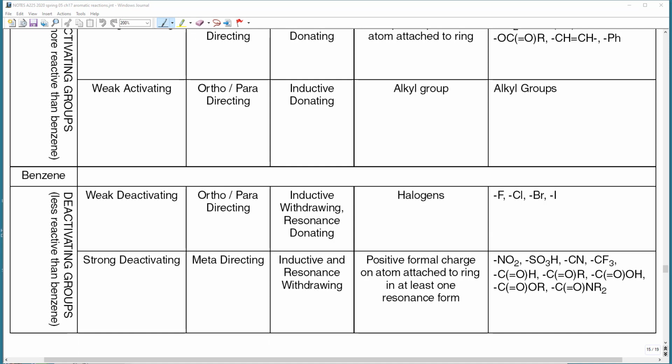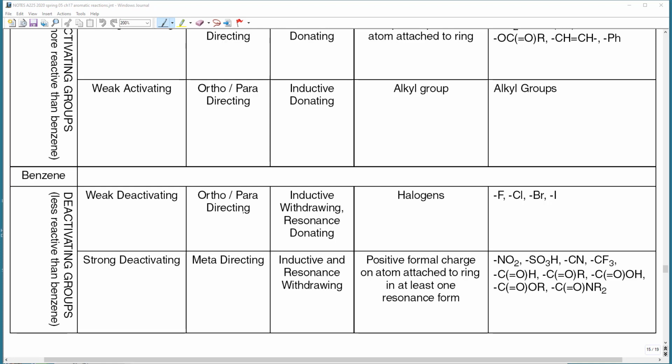The halogens are very interesting. These are weak deactivating groups. The reason for that is that they kind of have a conflict. They're inductive withdrawing because they're generally very electronegative. And so if we look at the bond polarity, we would see partial negative on one end, partial positive on the other end.